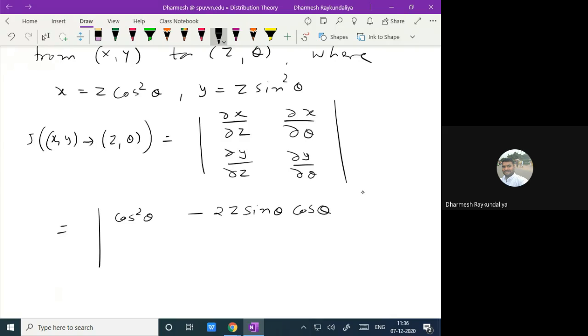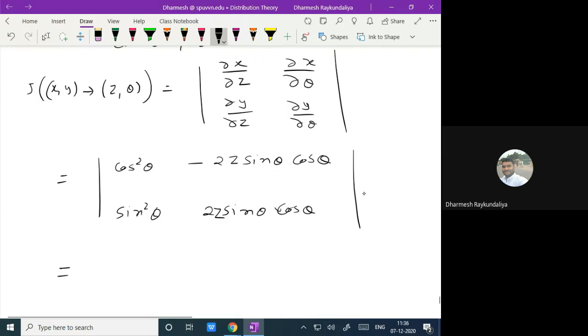Similarly, what is the derivative of y with respect to z? It is nothing but sin square theta. And derivative of y with respect to theta is nothing but 2 times sin theta cos theta, of course z is there. Just multiply this.